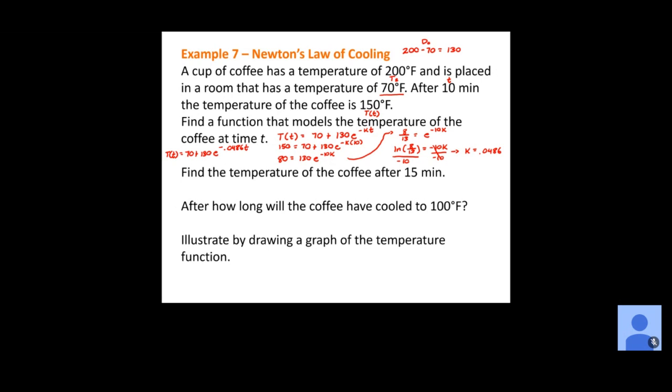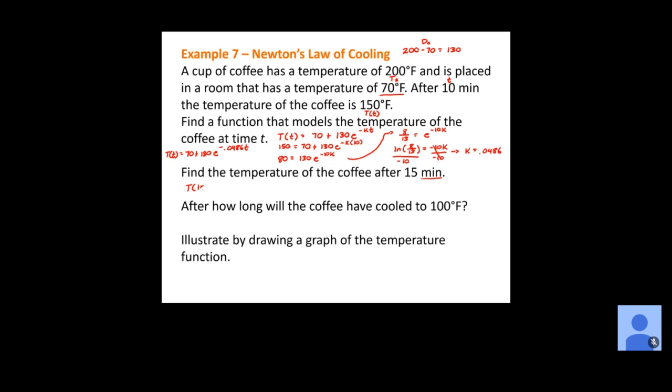And again, temperature is decreasing. That's why we have a negative exponent in this case. Okay, now we want to find the temperature of the coffee after 15 minutes. So we're going to use that function that we just created. This is measured in minutes, and so is our t value at the top here. So we can just substitute this in.